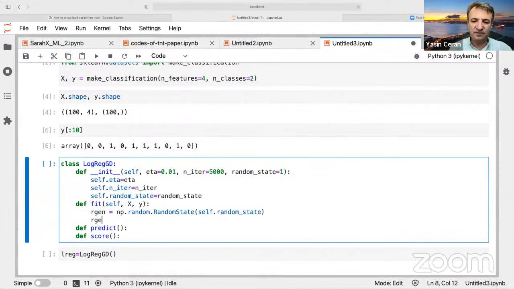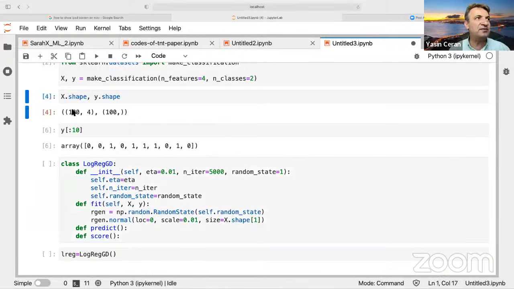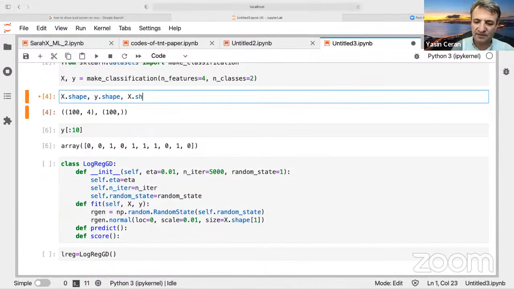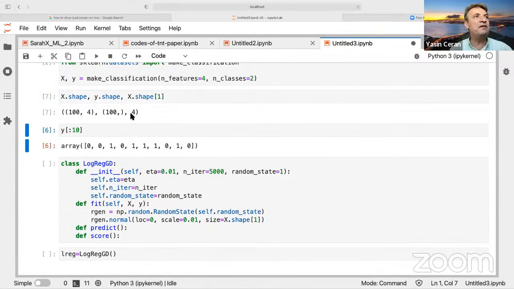Now I will use this random generator to create normally distributed random numbers with mean value 0, standard deviation 0.01, and the size of my data set, x.shape. Let me talk about what x.shape is. Remember, x.shape is 100 data points with 4 attributes. If I say x.shape[1], it's going to give me 4.